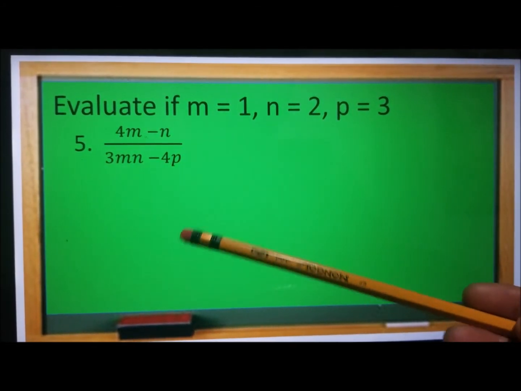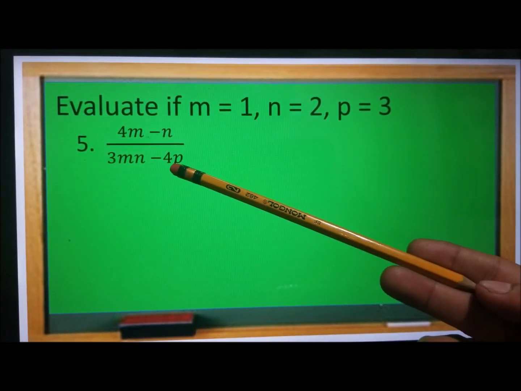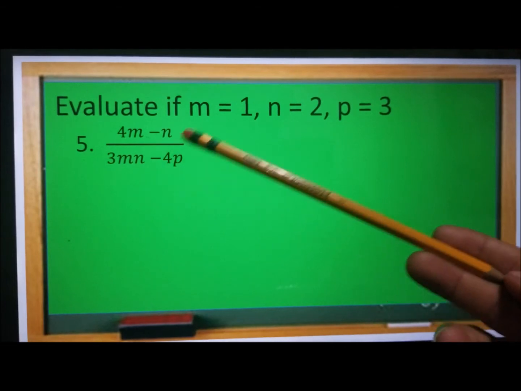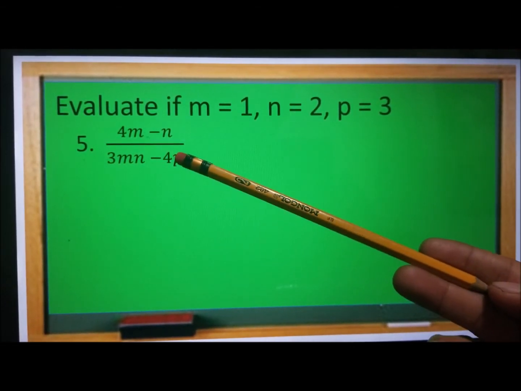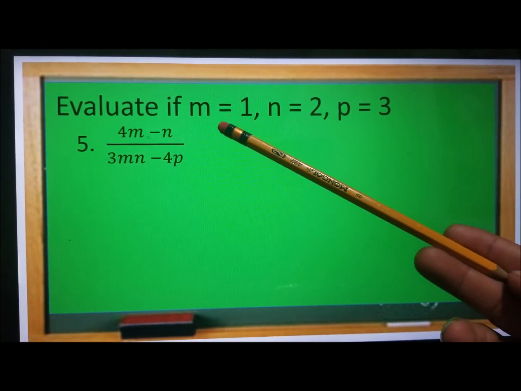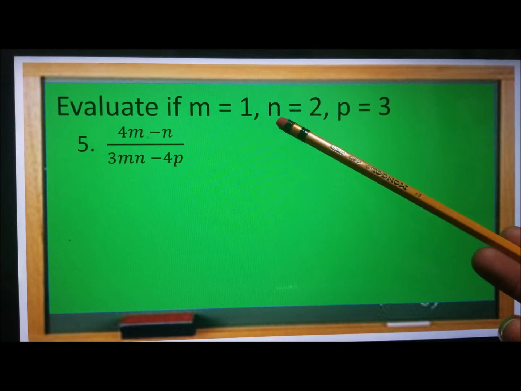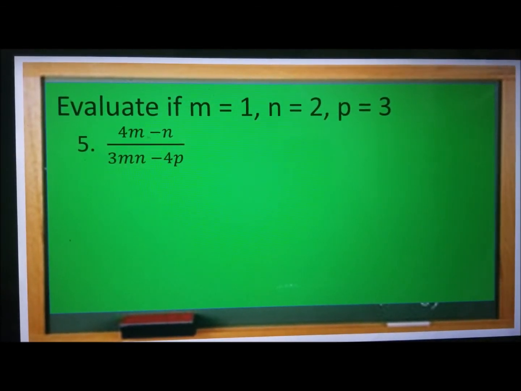In this example, we are given a rational expression which is 4m minus n all over 3mn minus 4p, and we are going to evaluate that using the same values that we had for m and p earlier. Again, the first thing to do is the substitution.